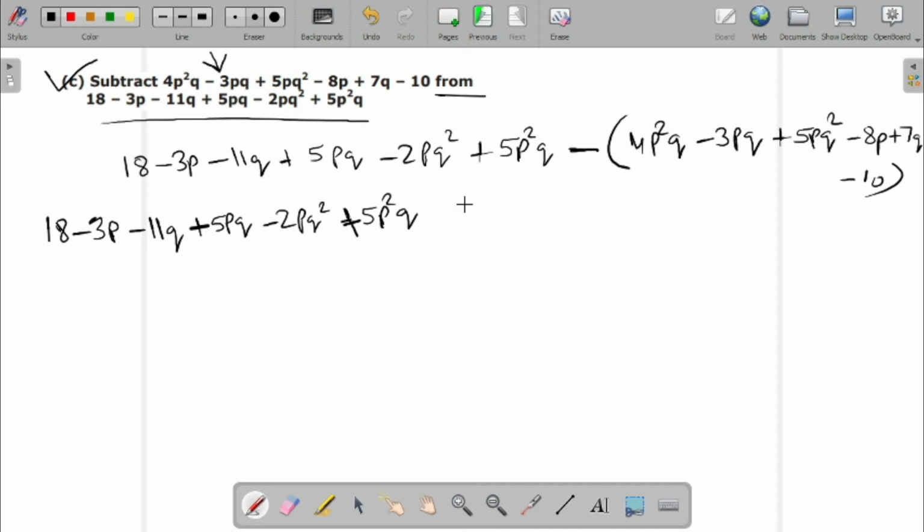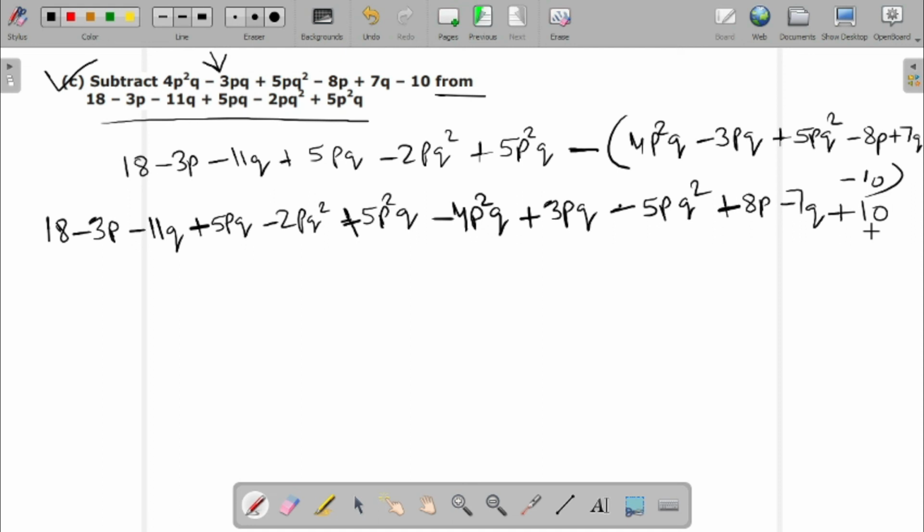This is positive, so this will become negative, minus 4p square q. Now this will become positive, 3pq. Then minus 5pq square. Then plus 8p minus 7q plus 10.